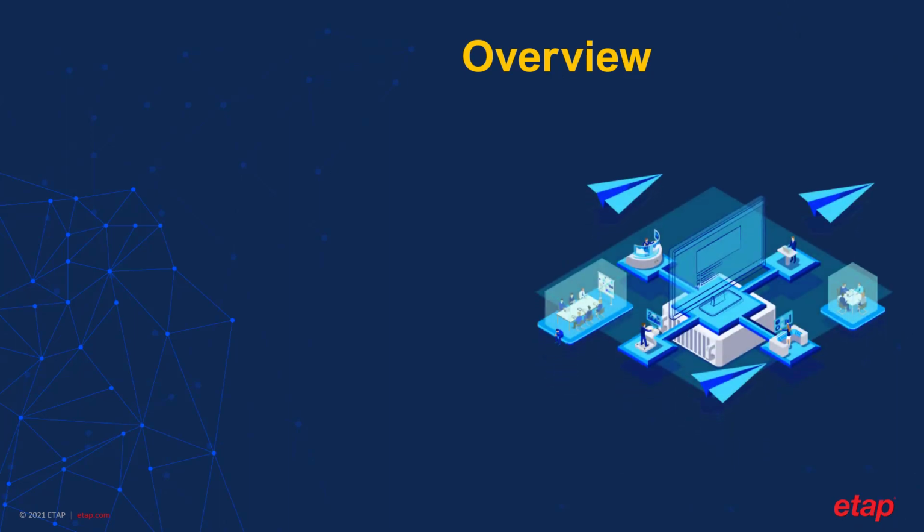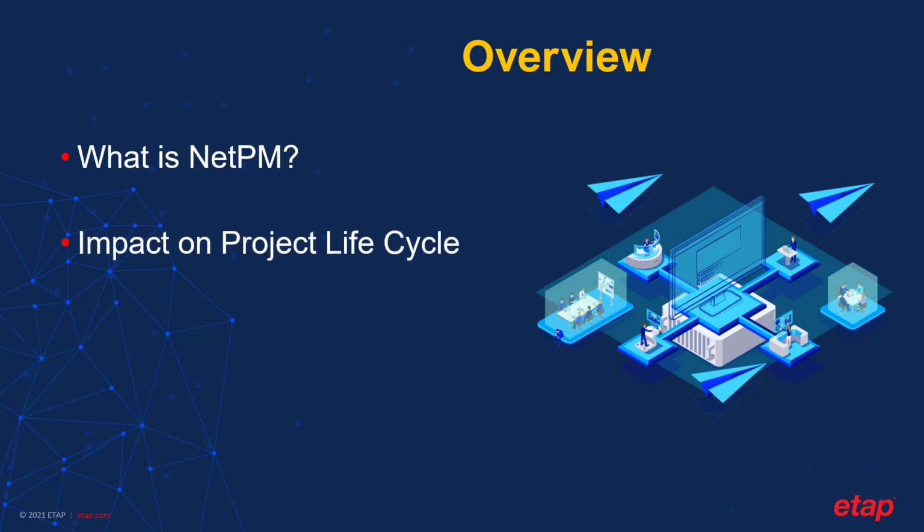First, we'll need to understand what NetPM is, what the components are that make up a NetPM environment, and how exactly data flows through it. We'll then see how using NetPM can positively impact the standard project lifecycle by alleviating the struggles involved with sequential workflow and opposing targets.